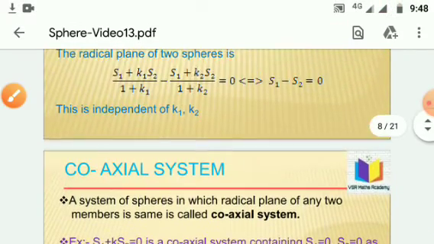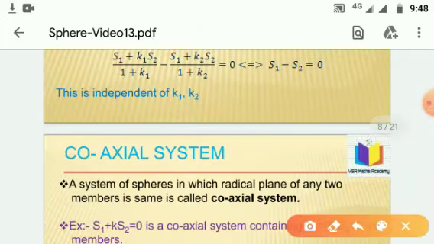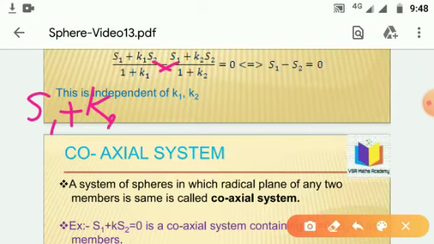So, actually, see this. On taking LCM and multiplying, you will get (1 + K2) into S1. This is nothing but S1 plus K2 S1 plus K1 S2 into (1 + K2).